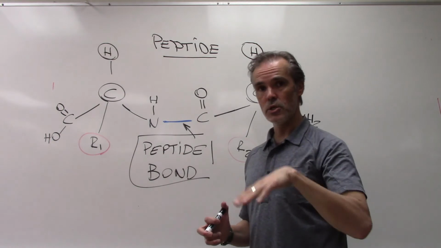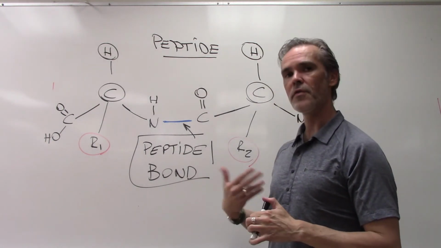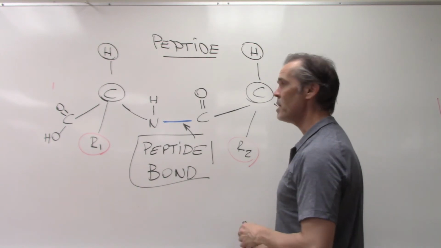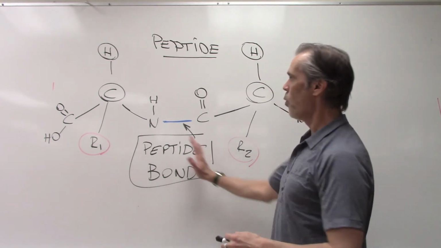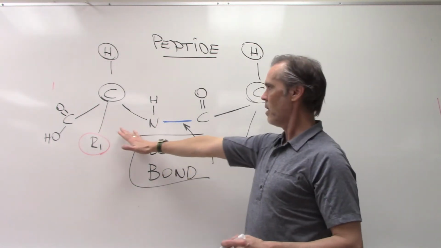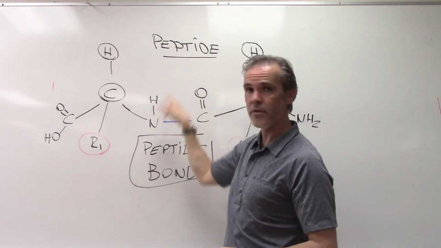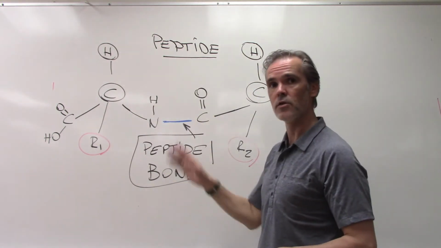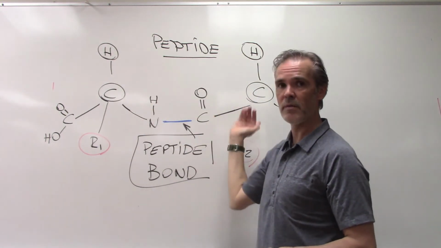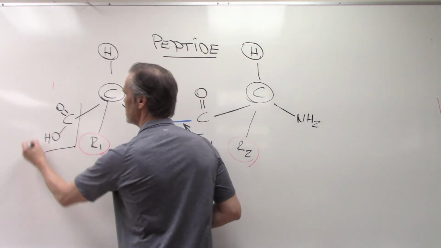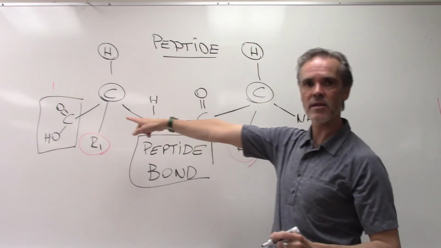One thing that I need to illustrate here, and you'll see this when we're talking about proteins a little bit later, is this. On that side of the peptide, where amino acid number 1 was, it's no longer an amino acid. It's now part of a peptide, a bigger molecule. We have a side right here that still has the carboxylic acid.